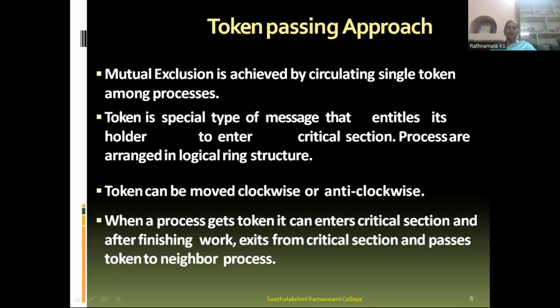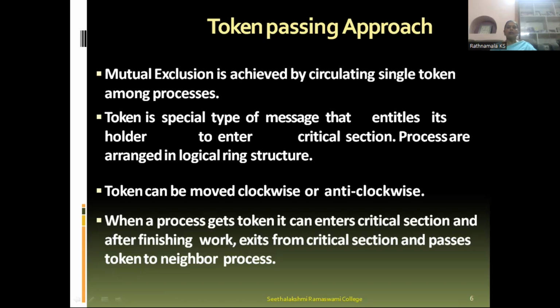The token was circulated among the ring structure, and everybody just passed it on. Finally the token reaches the same sender who issued it. The sender is very sure that nobody needs that resource, so he enters the critical section.